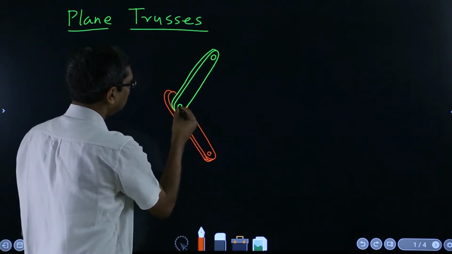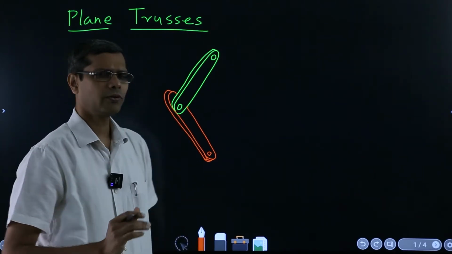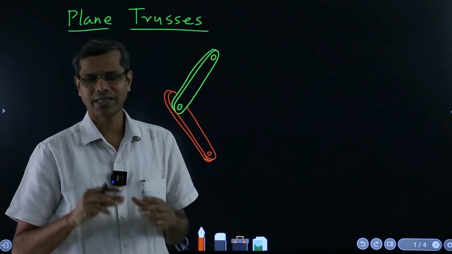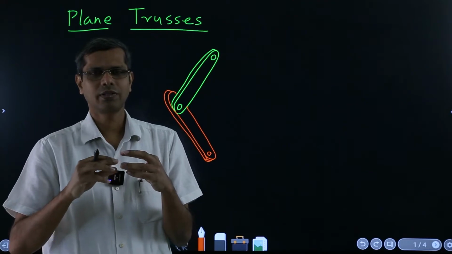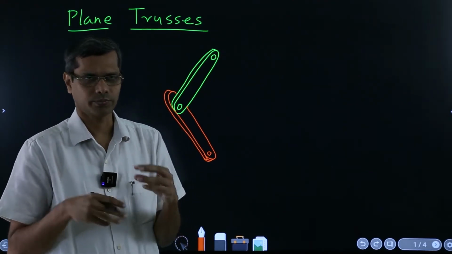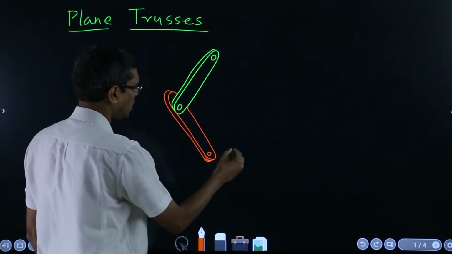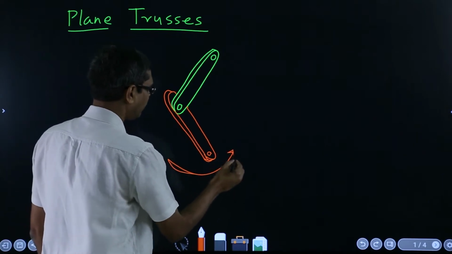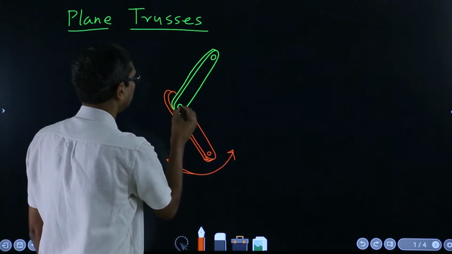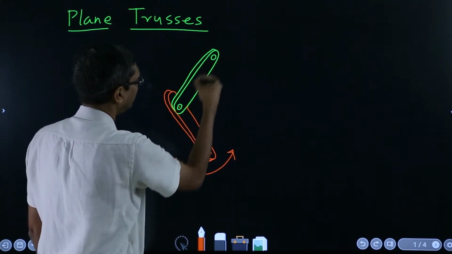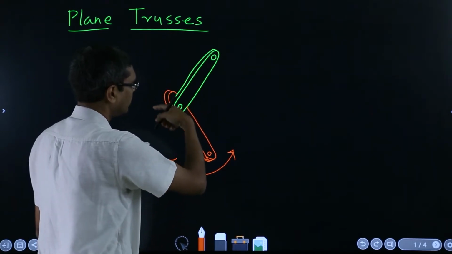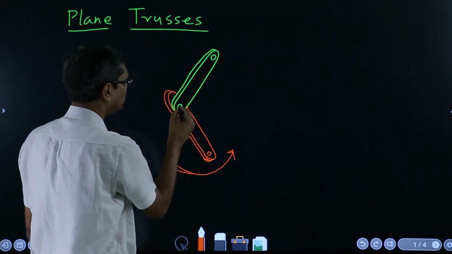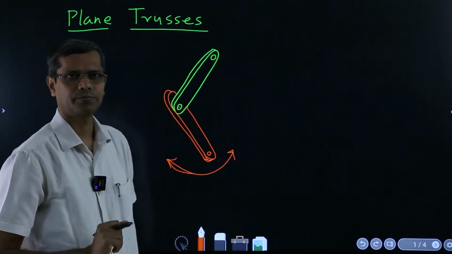But you think of that pin as a bearing which is free to rotate. That means this bar now can freely rotate about this point. Similarly, this green bar also can be rotated freely about this point of join.